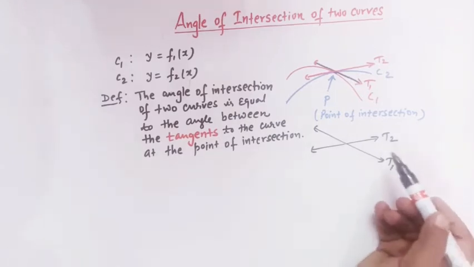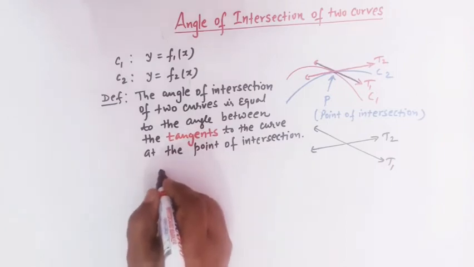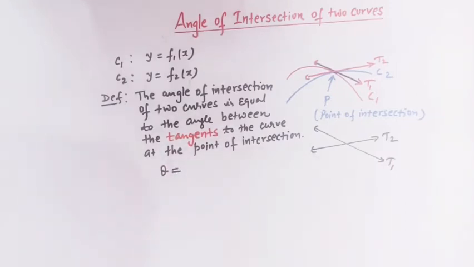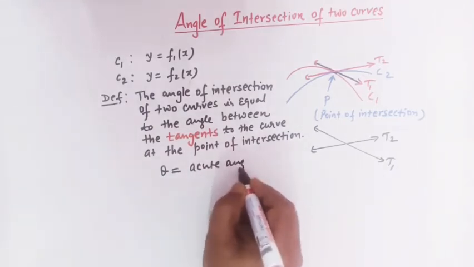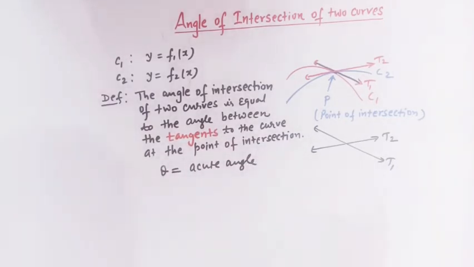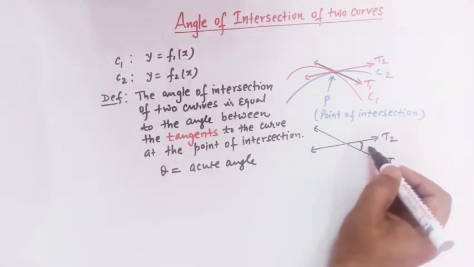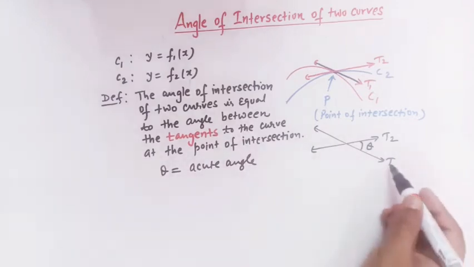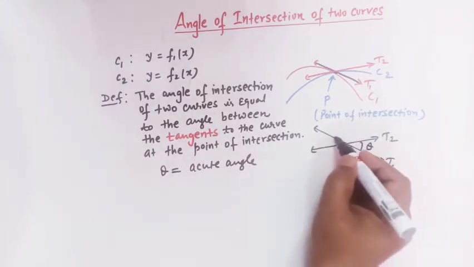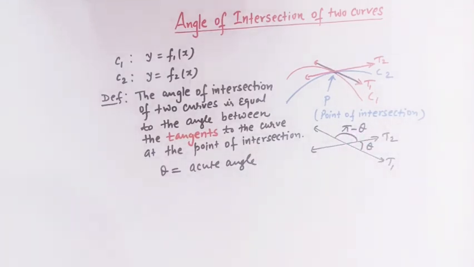Now here we have this tangent T1 and this is tangent T2. Now if theta is the acute angle between the two lines, that is the two tangents T1 and T2, and let us say this is the angle theta, right? So theta is the acute angle between these two tangents, and this is the obtuse angle, that is pi minus theta, right?